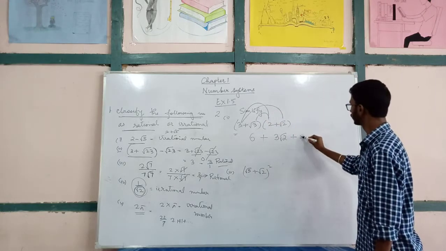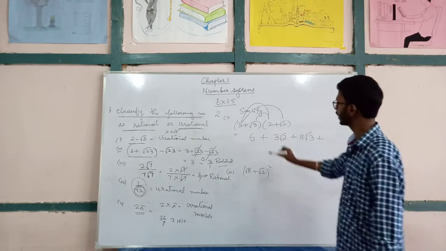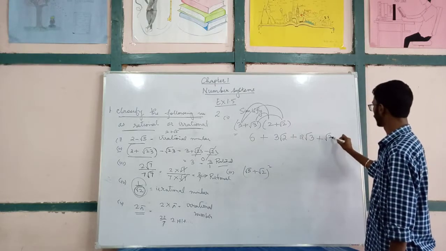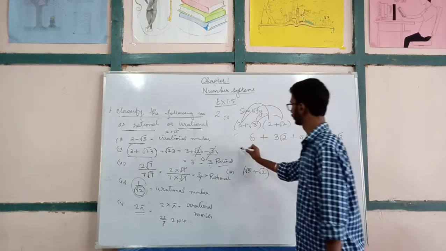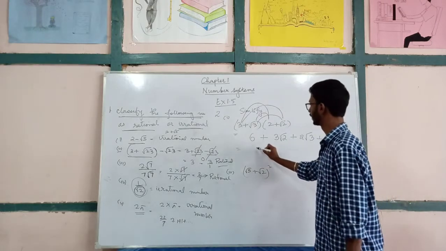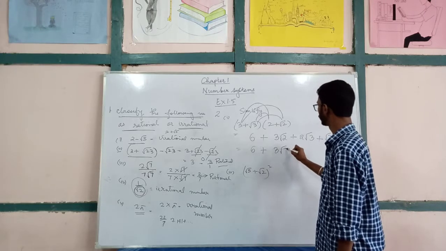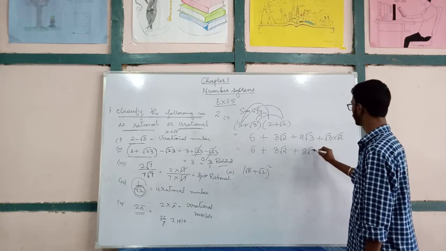So we can write like this, 2 into root 3, plus last step, root 3 into root 2. So this part will be as it is, 6 plus 3 under root 2 plus 2 under root 3.